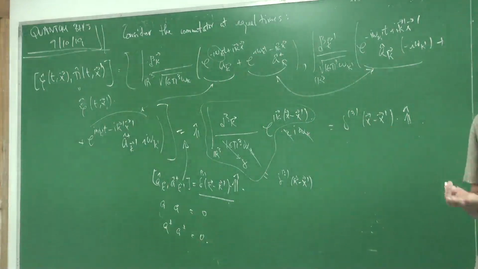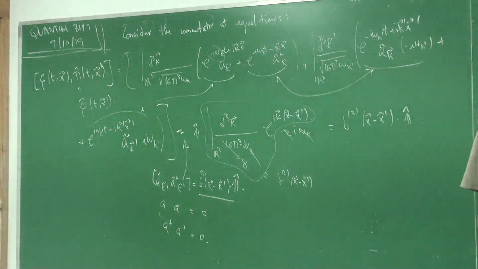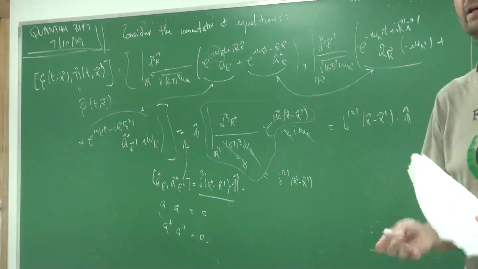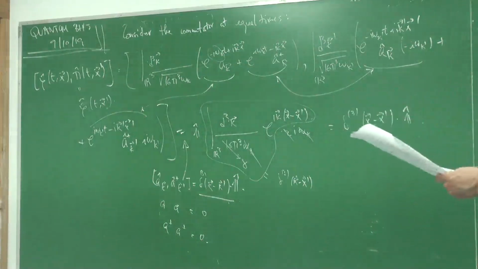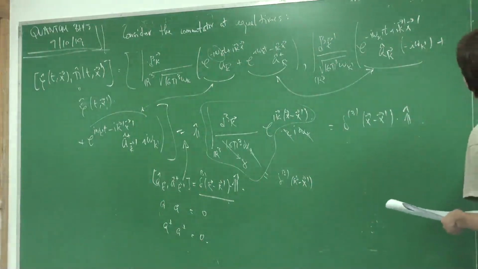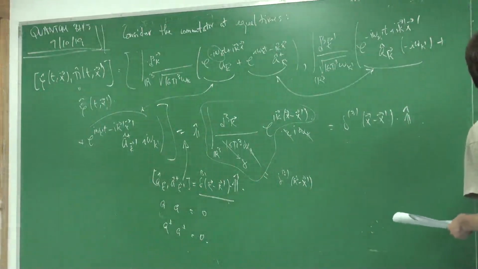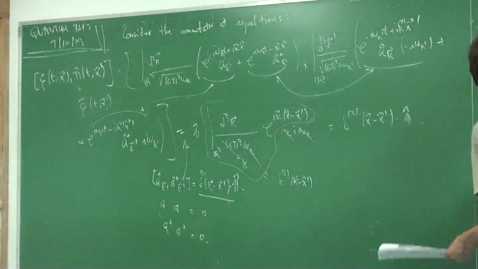Do the same thing between phi at t, x and t, x prime. You do the same thing between pi at t, x and t, x prime, and you get those to be 0.